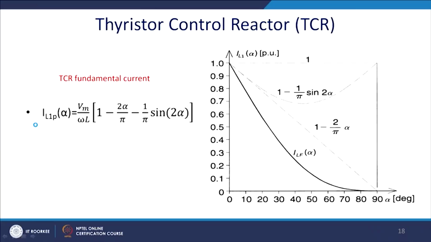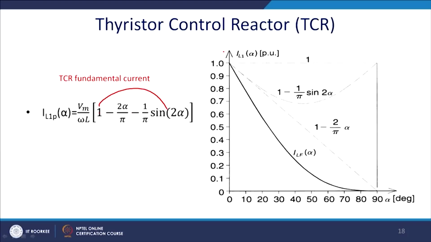Now, let us see graphically how it will work. This is the current value plotted on the y axis in terms of alpha, in degrees. At alpha equal to 0 you get 1, and ultimately this is the value of this part, and this part corresponds to this.